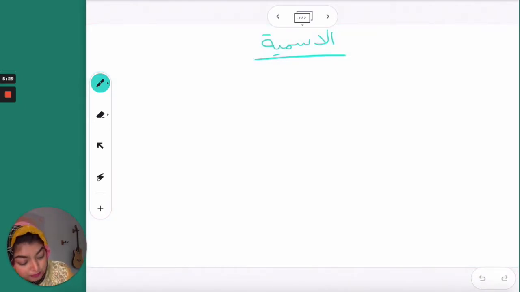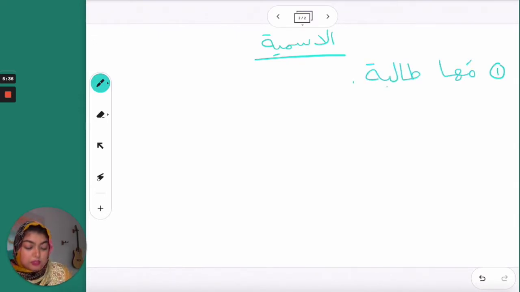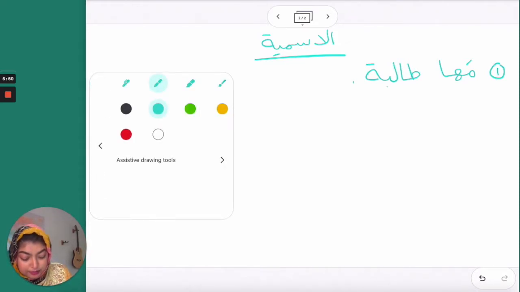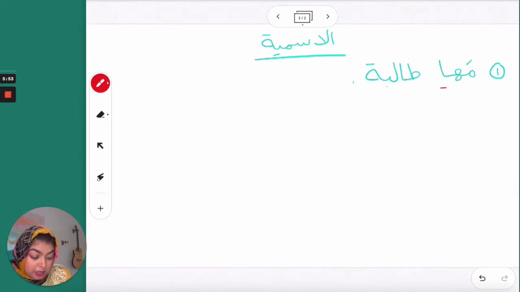Okay, let's see. Maha طالبة. We'll start with something simple. Maha طالبة. The first thing we look at is the first word. ما هي أول كلمة في هذه الجملة؟ What's the first word في هذه الجملة, in this sentence? The very first word that we have is maha.